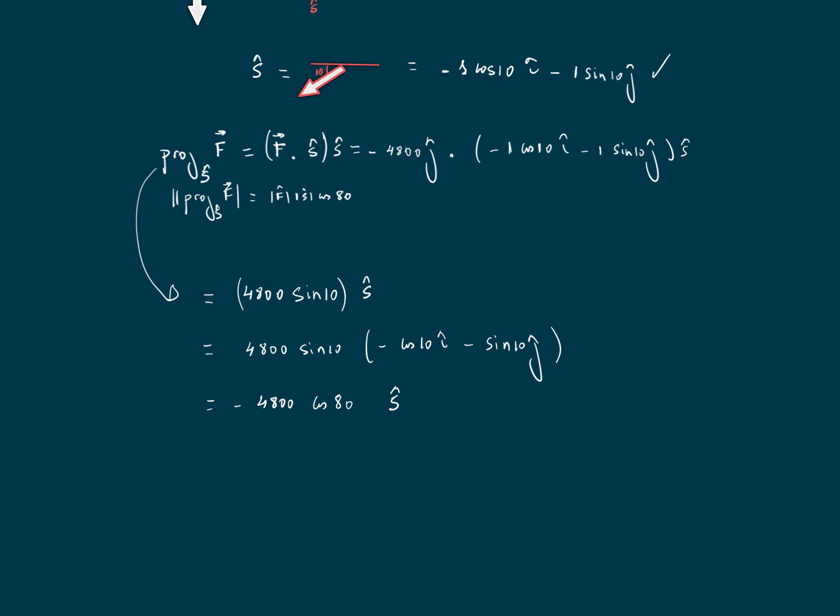Then the dot product will be, minus is plus, 4,800 sine of 10 in the direction of the vector S. So 4,800 sine of 10 in the direction of the vector S. Who is the vector S? The vector S is minus cosine of 10 i minus sine of 10 j.